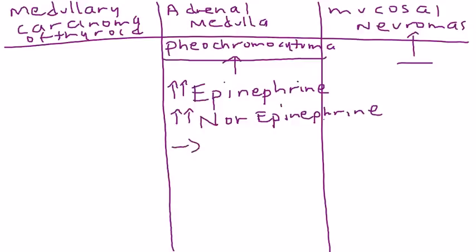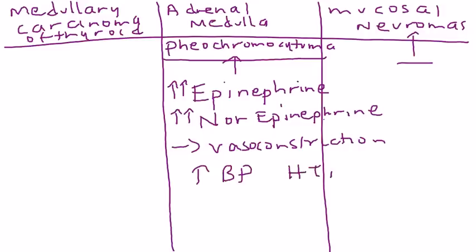The first thing that these two do is a very powerful vasoconstriction on the blood vessels. And when you vasoconstrict a blood vessel, that increases the blood pressure. So hypertension is a very big component of pheochromocytoma.